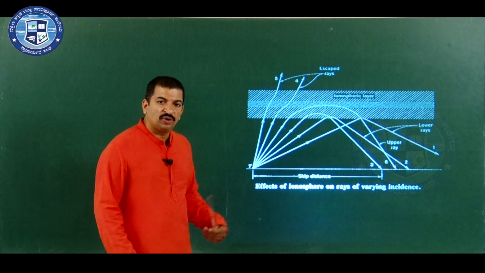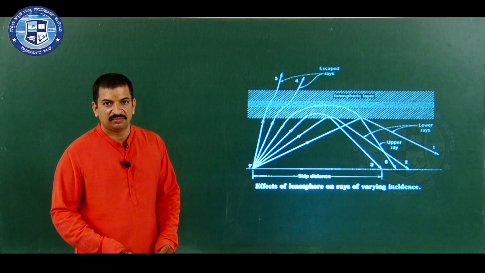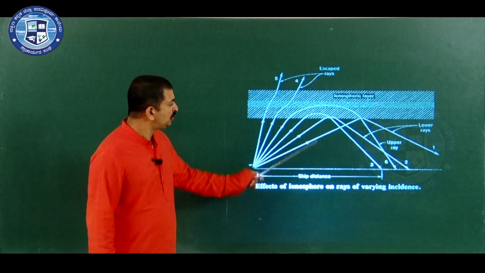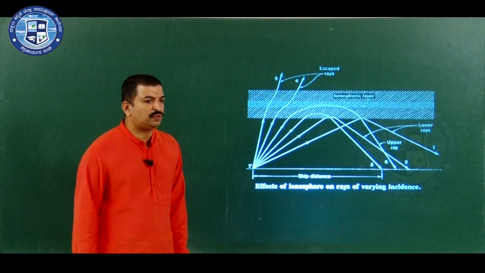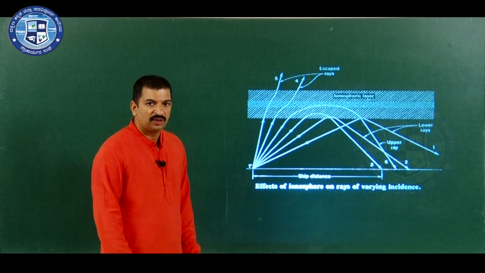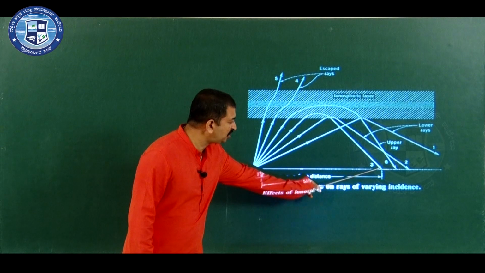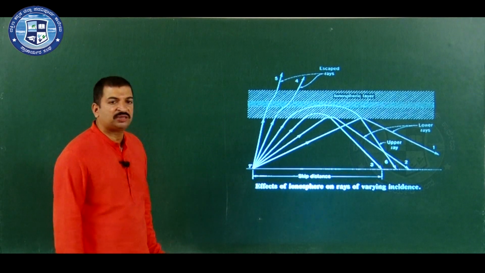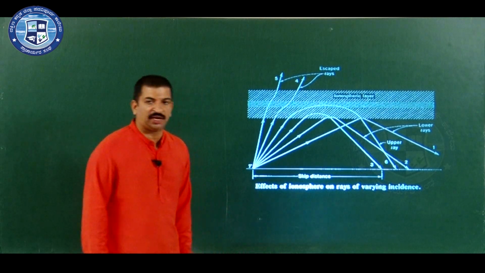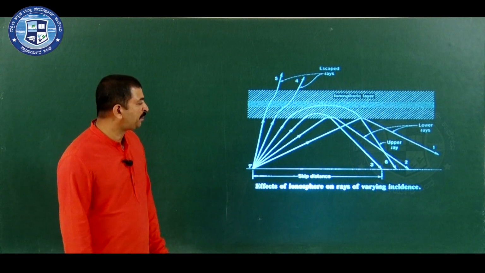We will now reduce the angle of incidence further. Let us consider ray 3, which is incident on the ionospheric layer with an angle equal to the critical angle. Naturally, this ray returns down to earth at the shortest distance from the transmitter. Now, this distance is called the skip distance. Now, what is skip distance?